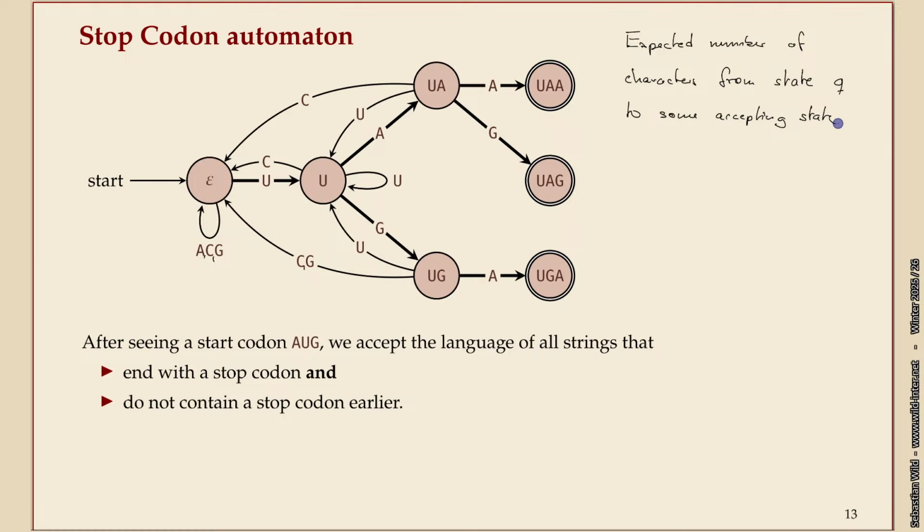It's one of these cases where it's easier to solve a more general problem. We're actually just interested in the number of steps it takes from the start state to any of these accepting ones. We'll do it for all the states, because then you can relate them to each other and calculate it for all. That returns, in particular, the answer that we want for the state Q epsilon.